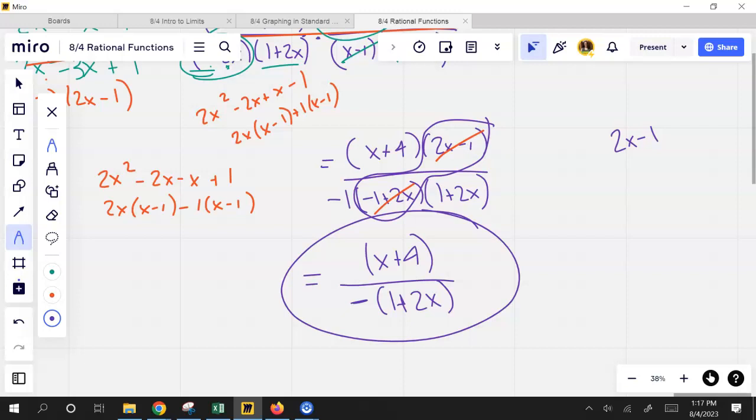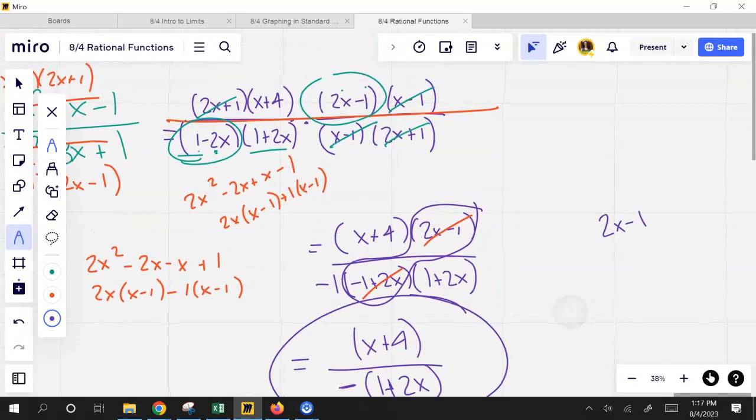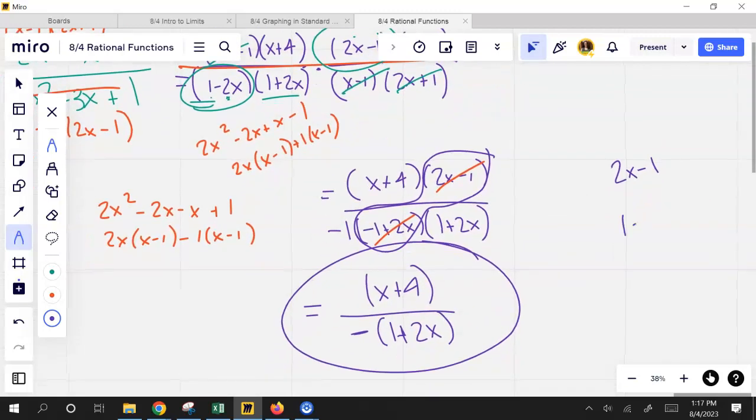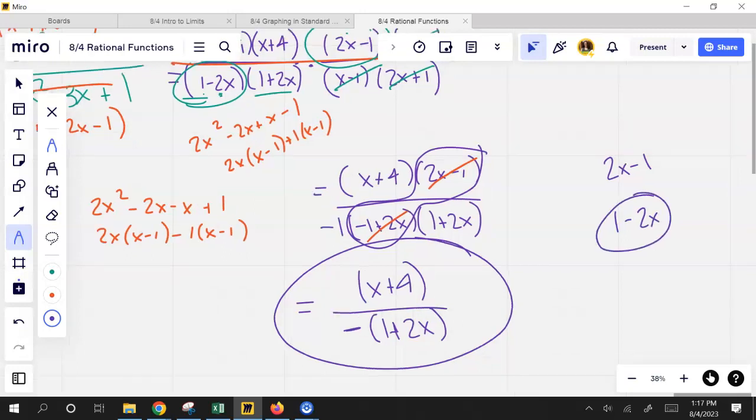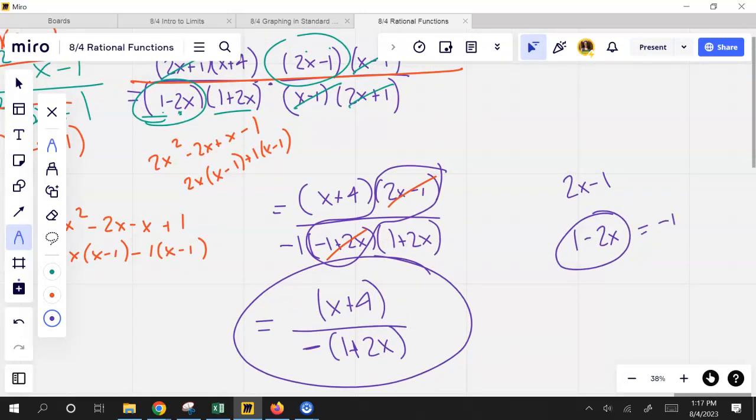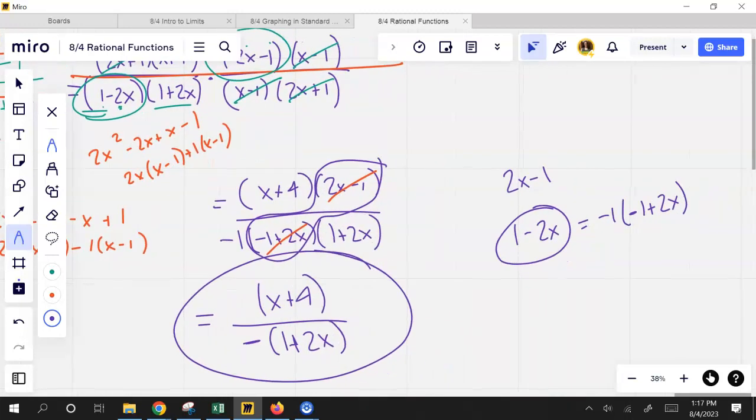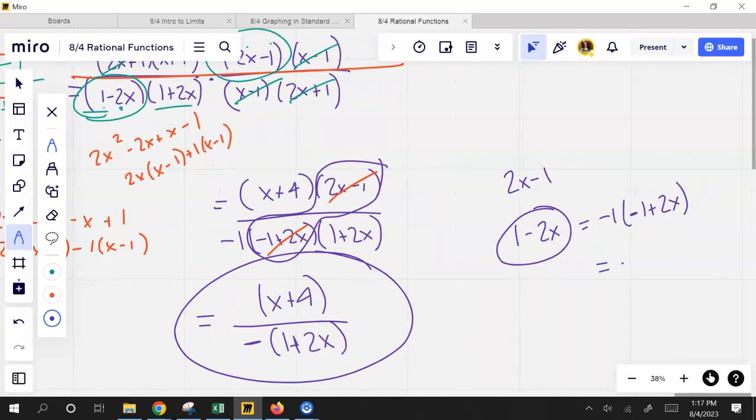Okay, so I found that 2x minus 1 and 1 minus 2x. For this one, if you factor out a negative 1, it leaves me with negative 1 plus 2x. I can rewrite that. This is really just about manipulating it around to make it look the way you want it to look.